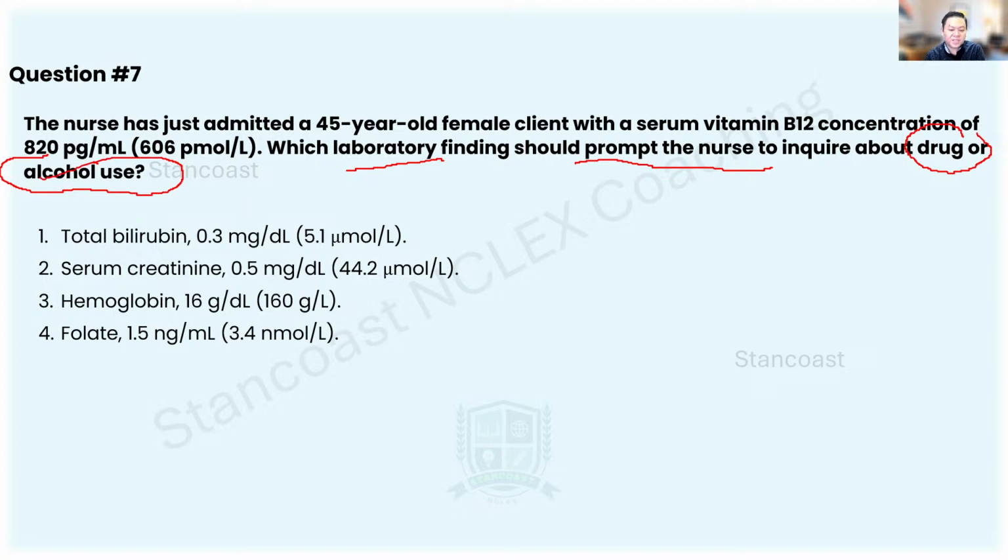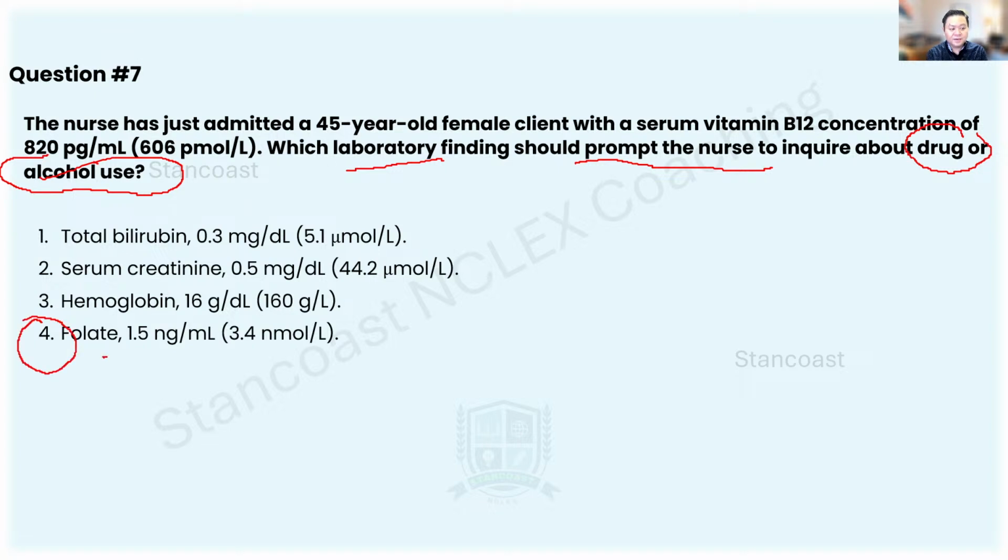So you as a nurse here will suspect that maybe there is alcohol abuse that could potentially lead to the malabsorption of the medication, or it could be that the patient may be taking another medication that may compete or may prevent the absorption of the vitamin B12. So what would be that laboratory testing that you would suspect that there is a possible use of alcohol and drug, other medication? Well, the correct answer here is number 4.